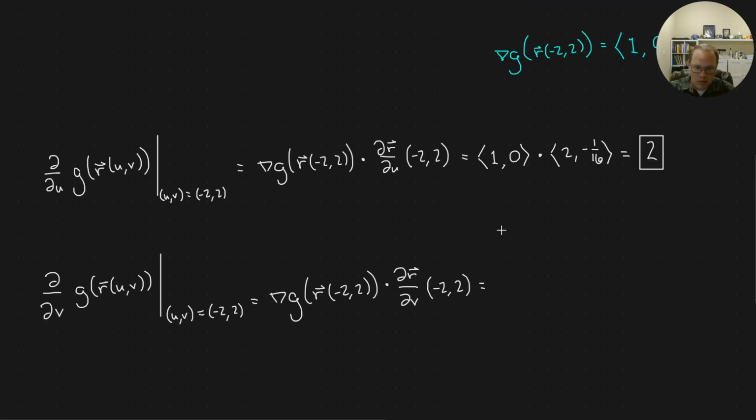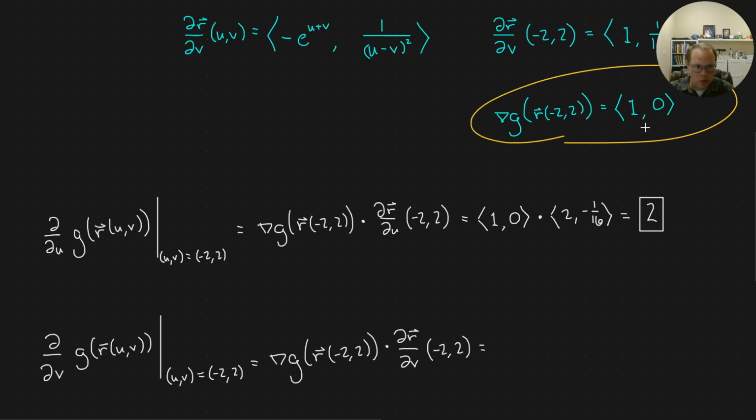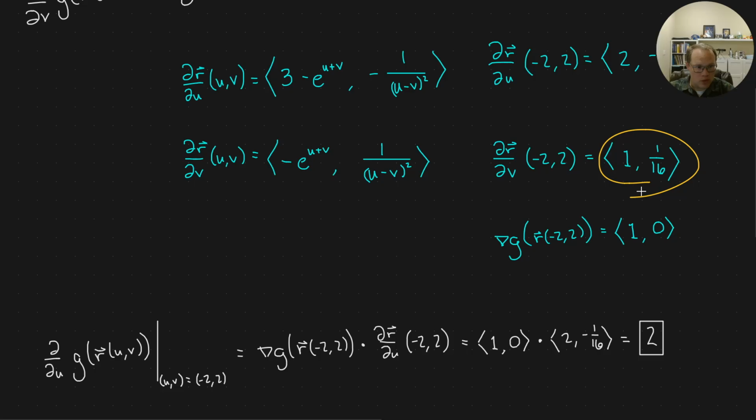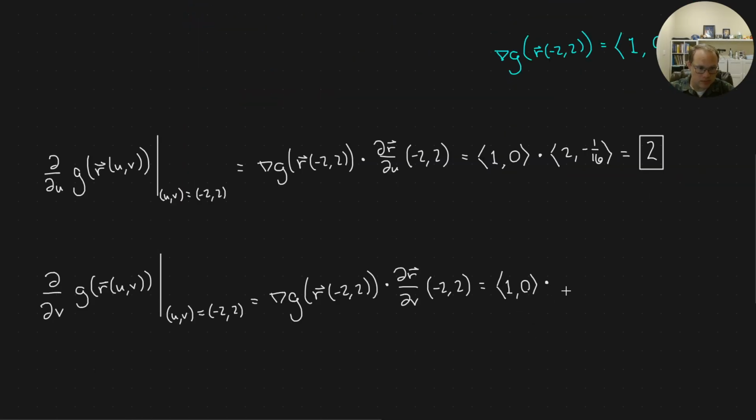Okay, we have the pieces. Gradient of g at the point is 1, 0. And the partial derivative of r with respect to v at the point is 1, 1/16. Take the dot product. First component times first component is 1. Second component times second component is 0. I just get 1. And so I have both my partial derivatives at the point uv equals negative 2, 2.